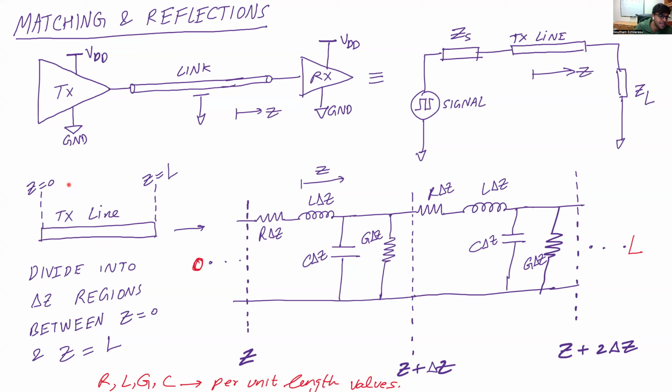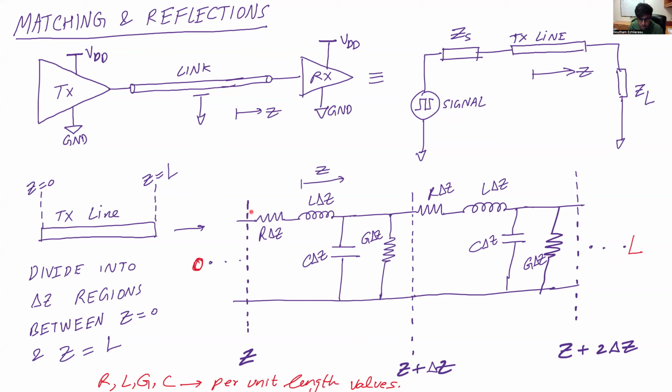The transmission line is basically the link, extending from z equals 0 to z equals L, and therefore it has a length of L. Because these digital signals sent from the transmitter side are quite broadband, the highest frequency component of interest, which is basically 1 over the rise time or 1 over the fall time of the signal, if that frequency has a corresponding wavelength much shorter than the length of this link, then the link can no longer be treated as a lumped element and has to be treated as a transmission line. Therefore, this entire link can be modeled as a transmission line going from z equals 0 to z equals L.